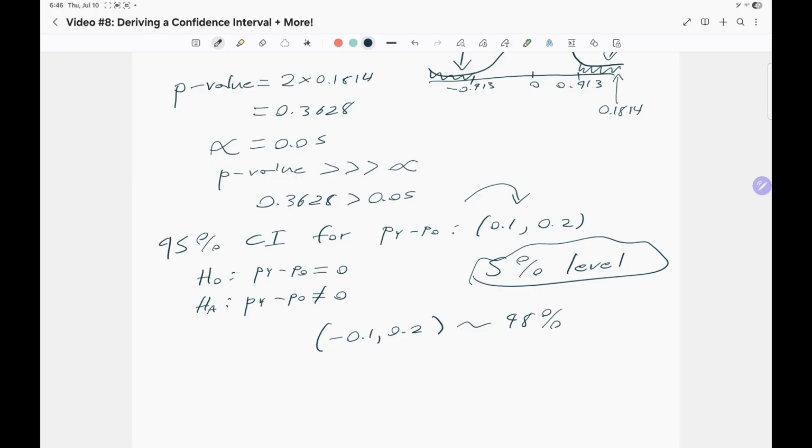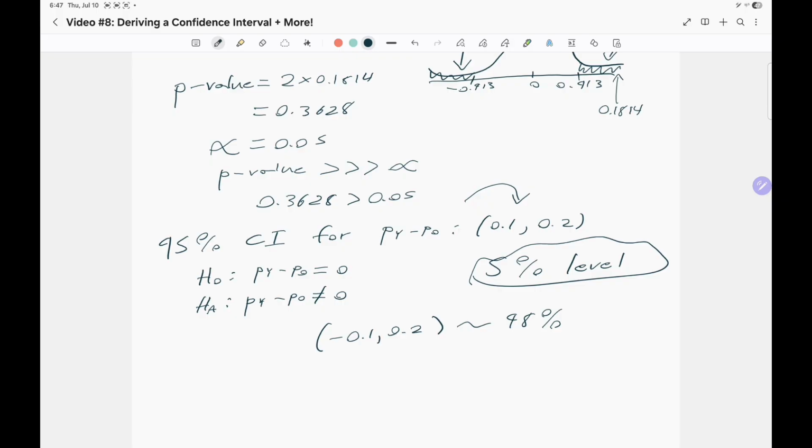And so our alpha, so to speak, would be smaller. Mentally this is hard to express, but essentially if we were using that interval instead, our p-value would be smaller than 5%.